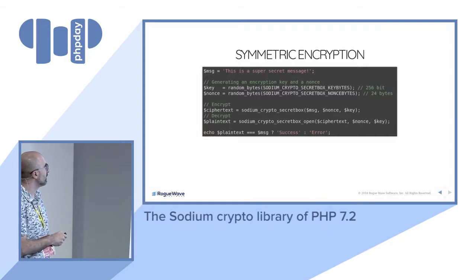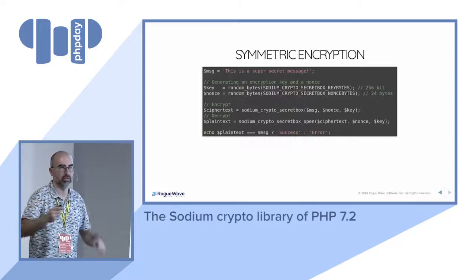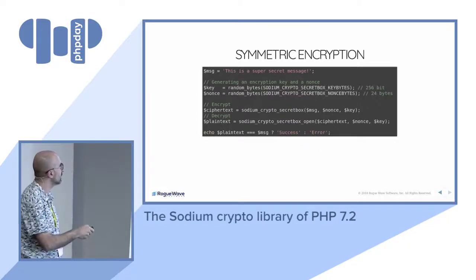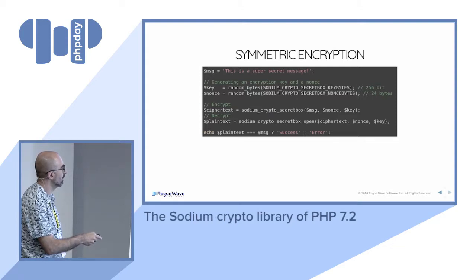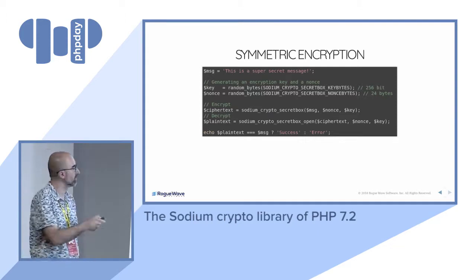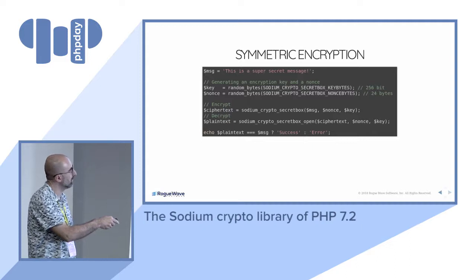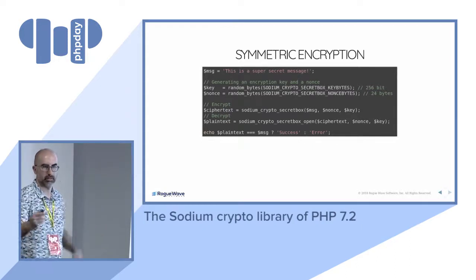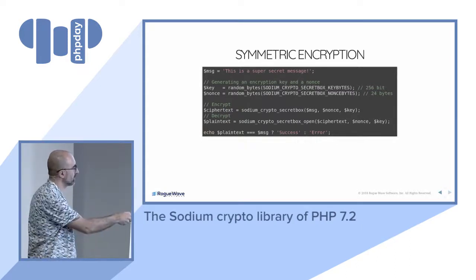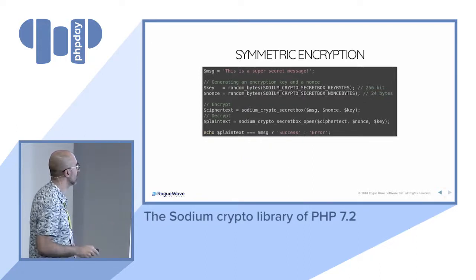You need to generate an encryption key, and in this example, I'm just using the random_bytes function of PHP to generate a random key. This is actually a constant given by Sodium that gives you the number of bytes, the size of the key, and it's actually 256 bit.